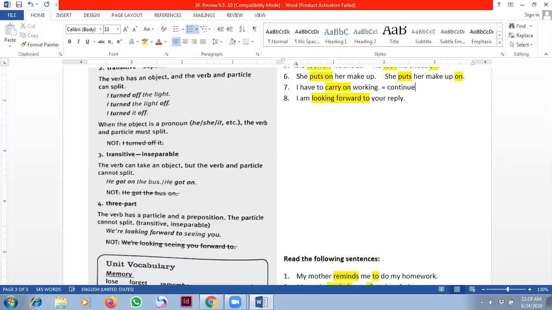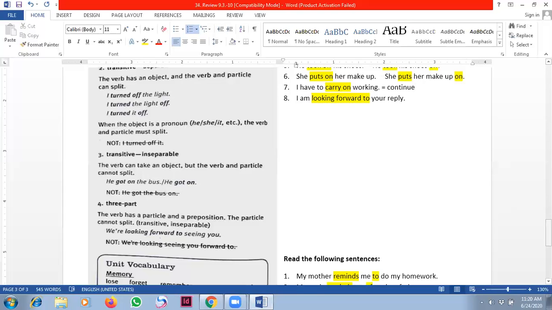So this is inseparable. And then you also have three-part verbs that go together, like look forward to. This is three parts: one, two, three, look forward to. I am looking forward to your reply, not I am looking forward your reply to. So this is one unit, we cannot separate it. Inseparable.